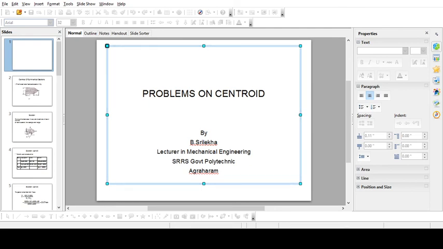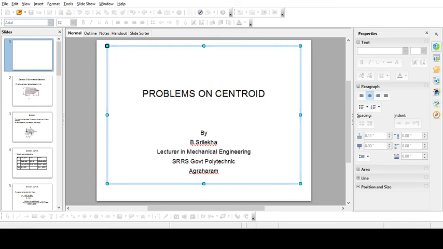So the centroid can be calculated by the formula x bar is equal to a1 x1 plus a2 x2 plus a3 x3 by a1 plus a2 plus a3. Similarly, y bar can be calculated by a1 y1 plus a2 y2 plus a3 y3 by a1 plus a2 plus a3. Now, if you substitute those values, it is 5,14,140.8 by 7232.